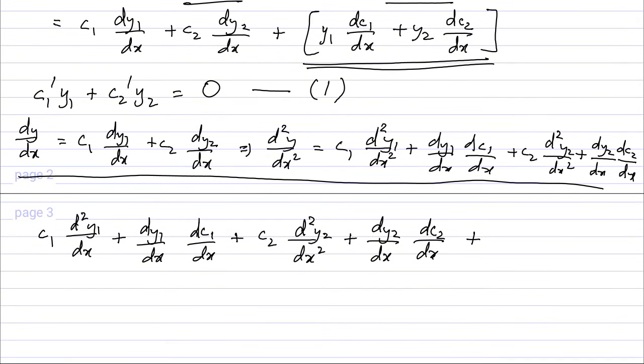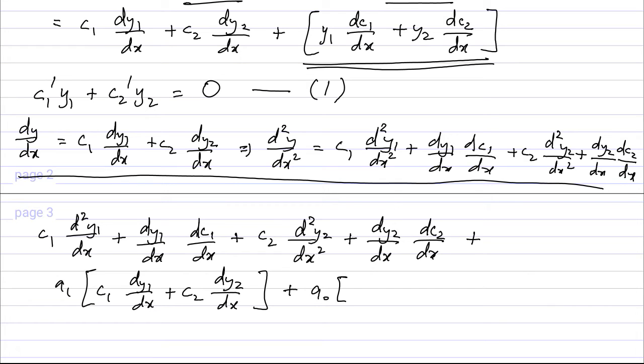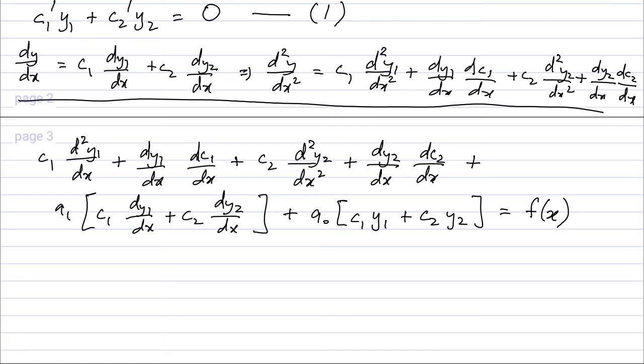So you have plus a1 times c1 dy1 by dx plus c2 dy2 by dx, and then you have a0 multiplied by y, and y remember is c1 y1 plus c2 y2, and this equals f of x.